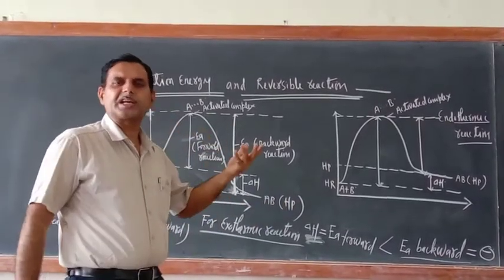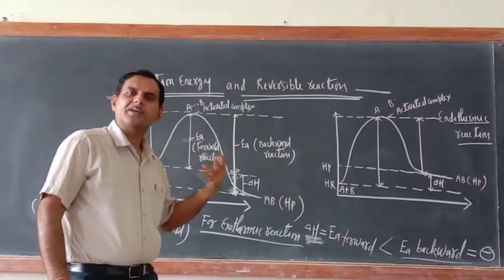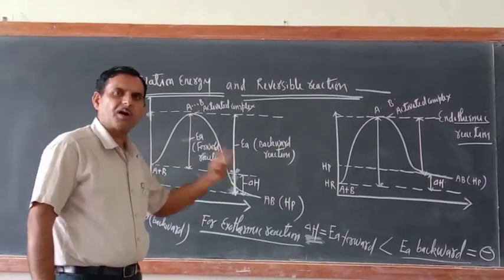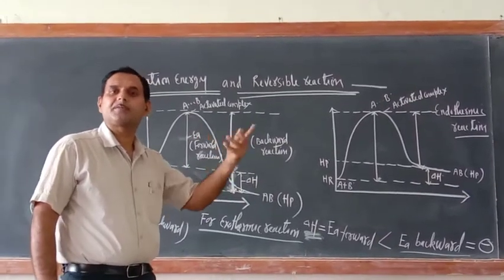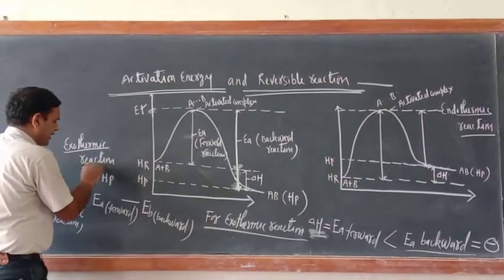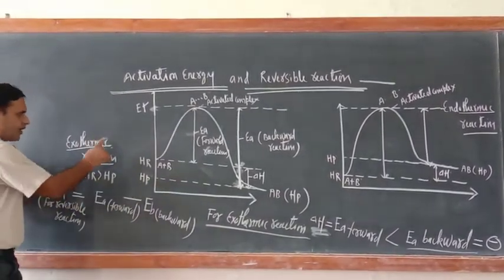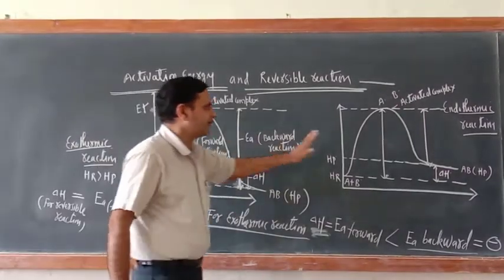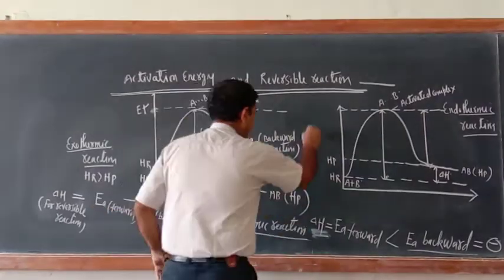So now the question arises here, whether the amount of activation energy needed for forward direction and backward direction is the same or different. So just see, first I will teach you exothermic reaction. This graph is for exothermic reaction and this graph is for endothermic reaction. Just see here.